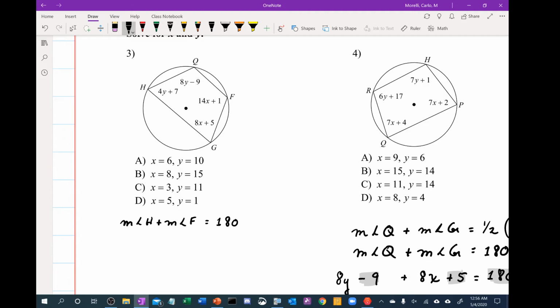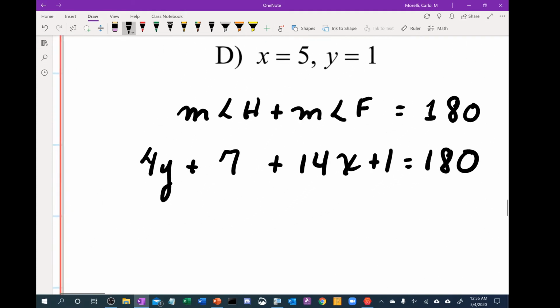Okay, so let's just substitute in those algebraic expressions. So for the measure of angle H, we'll do 4y plus 7. 4y plus 7. I'm getting that from right here. And then for F, I'll do 14x plus 1. So plus 14x plus 1 equals 180. And now we're zooming in on this.